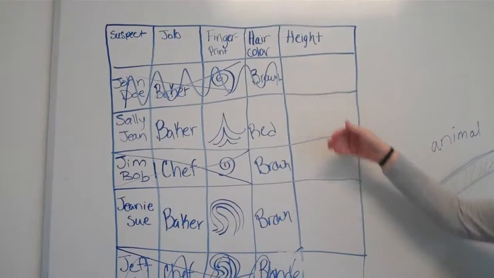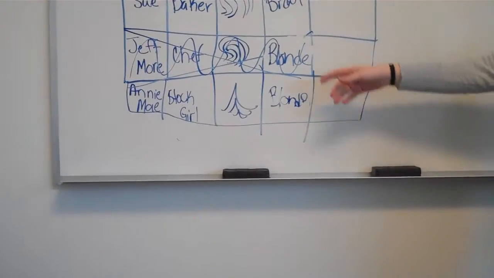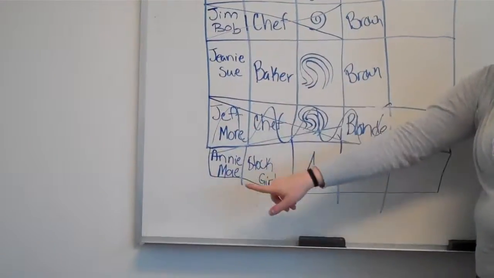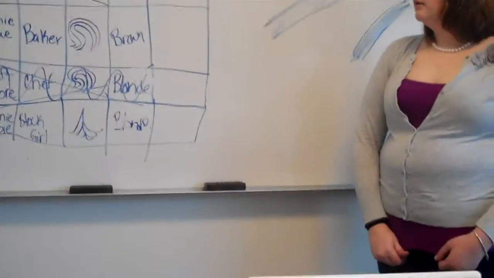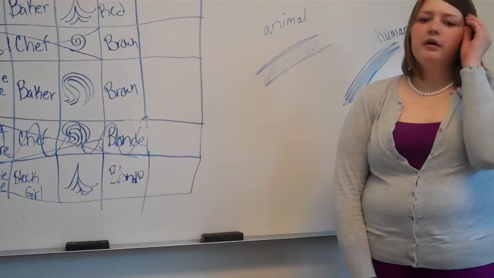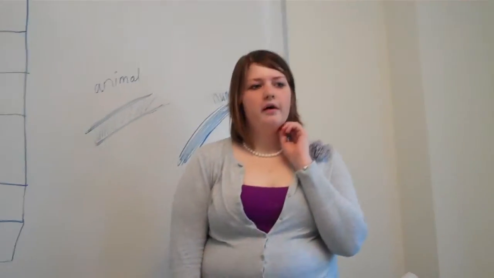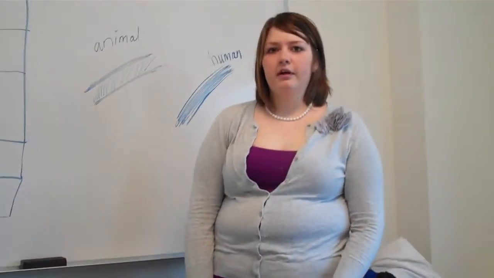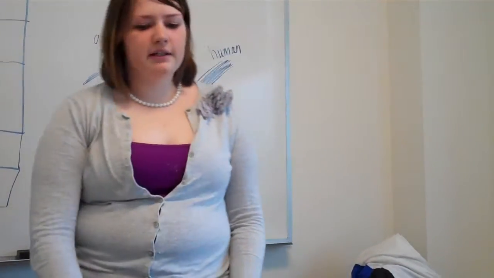So we have Sally, Jeannie, and Annie left. So now today we're going to try to eliminate another suspect. And so, at our crime scene, as you saw in the video this morning, we found a hair sample. Our hair sample looks like this. This was found at the crime scene in the hat that was dropped.